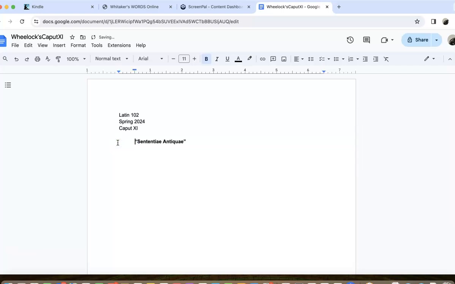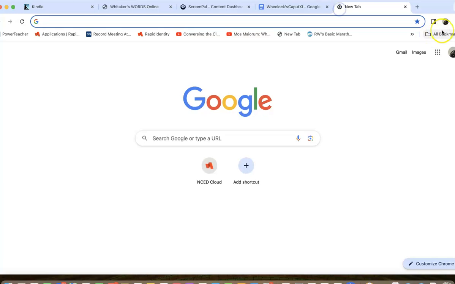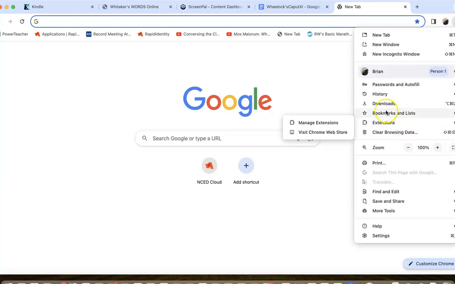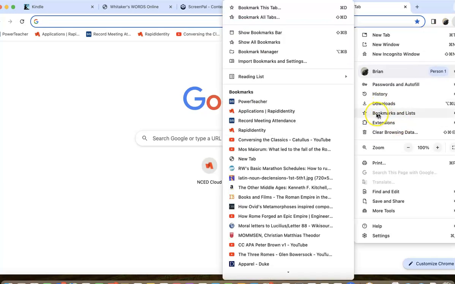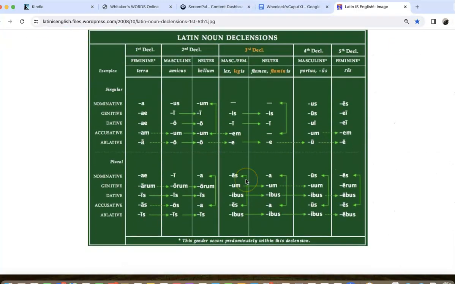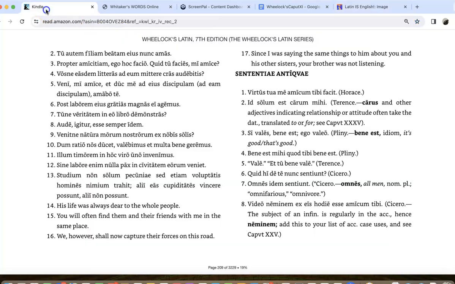All right, let's take a look at that here. I should have had this up earlier. I apologize. Let me pull up some of our aids. This is also helpful right here in terms of the declensions. All right, here we go.